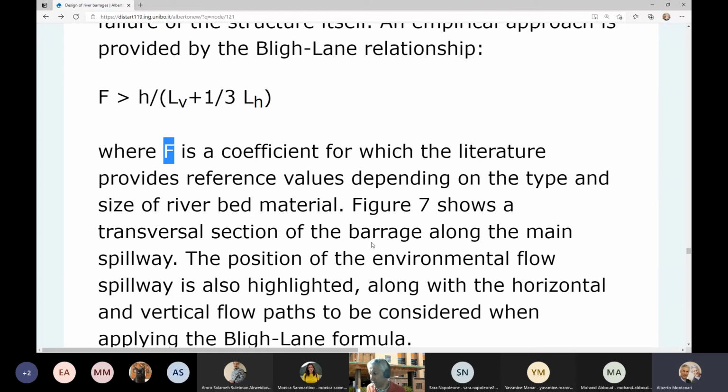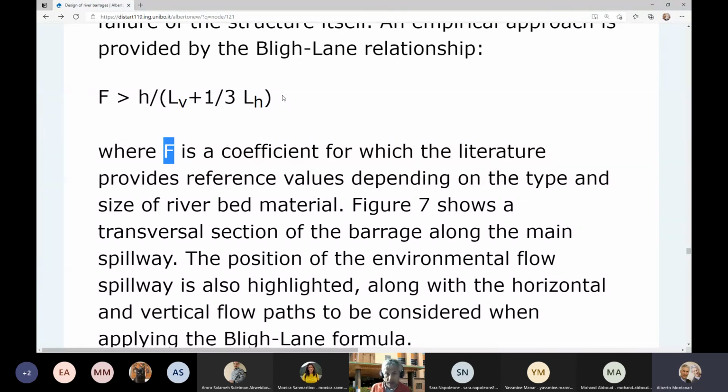Okay, this is a very, very empirical rule of thumb. It is suitable for a first design, for, let's say, getting an order of magnitude.